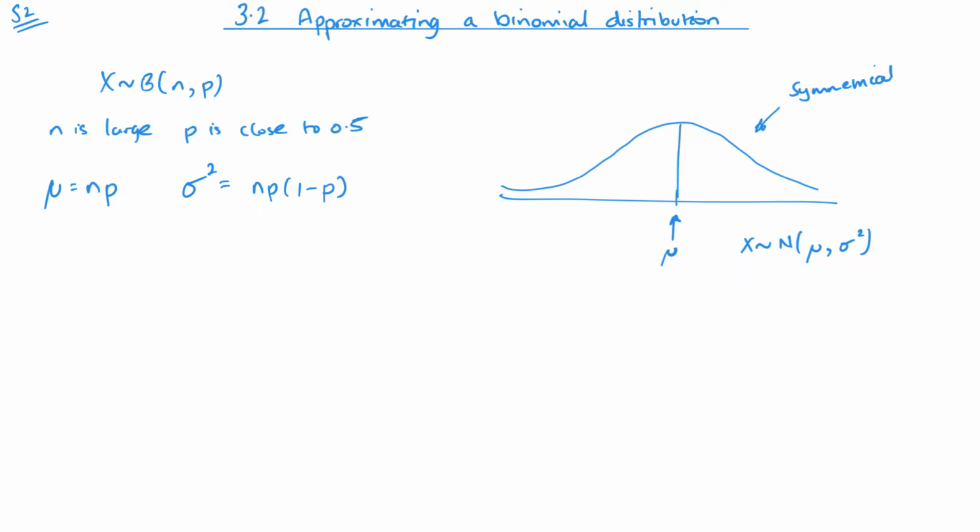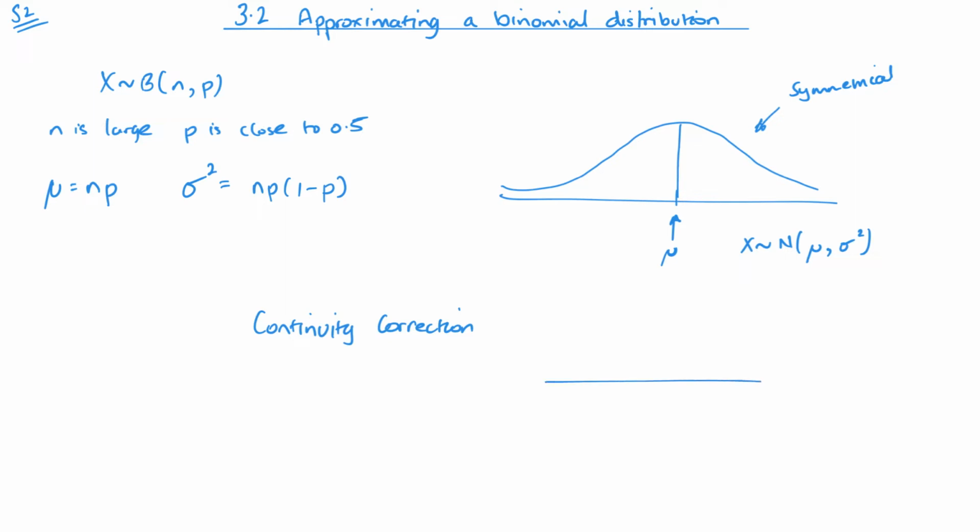Now, the next thing I need to talk to you about is what's called continuity correction. What is it and why do I need to apply it? Quite simply, we're going between two different types of data. Binomial distribution is discrete data, whereas normal distribution is continuous data. So I need to apply this continuity correction when I'm moving from discrete data into continuous data.